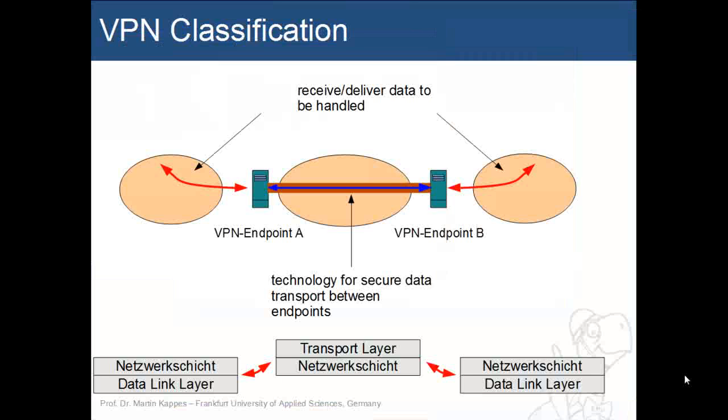So let's take one step back and look at VPN technologies and their classification. When we considered IPsec, we basically studied one way of implementing a VPN solely on the networking layer. The packets were received from the networking layer at one endpoint and delivered to the networking layer at the other endpoint.